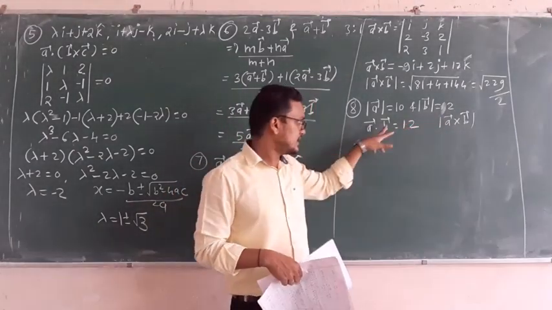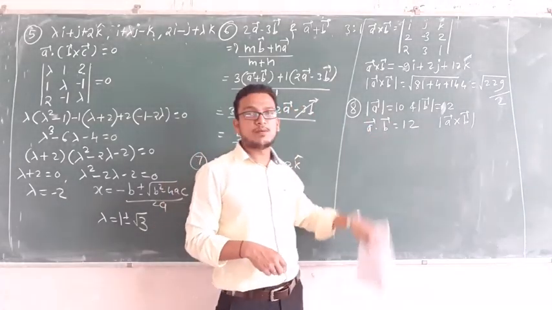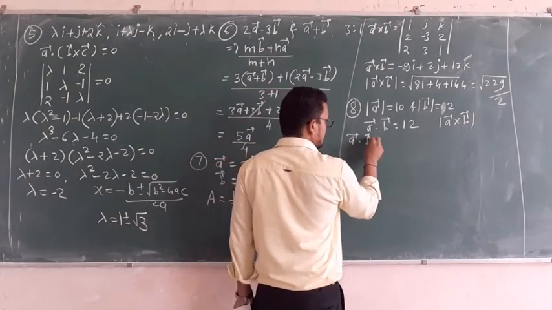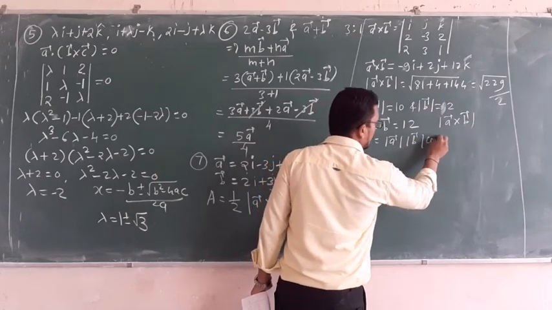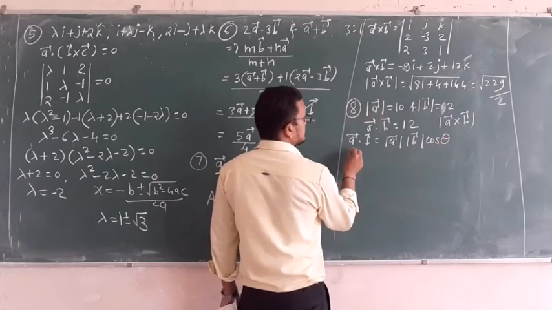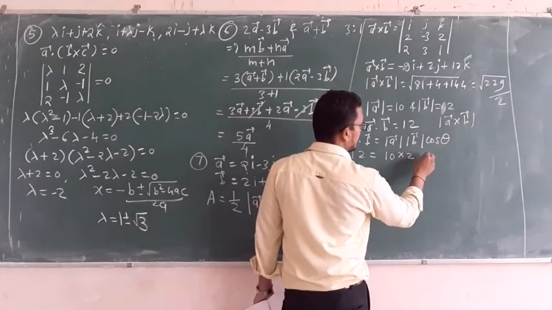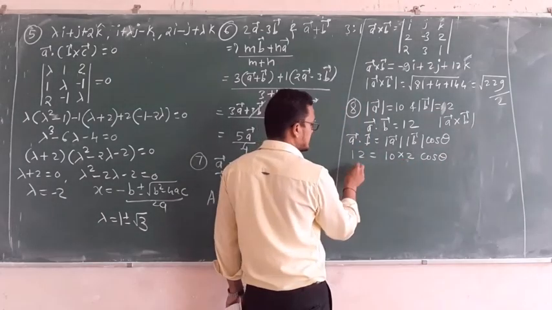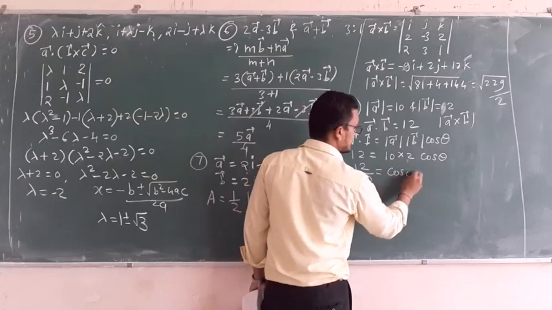But in this, A dot B is given, so how to get sin theta? First we have to apply the A dot B formula. What is the A dot B formula? Magnitude of A into magnitude of B into cos theta. So 12 is equal to 10 into 2 into cos theta, which is 20. Transferring, 12 divided by 20 is equal to cos theta.